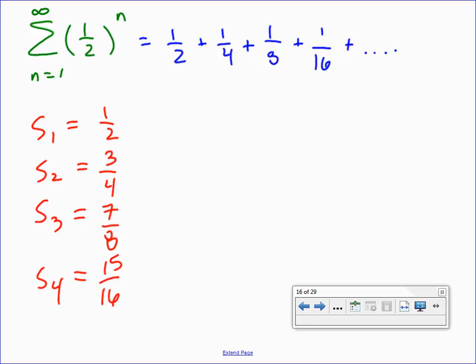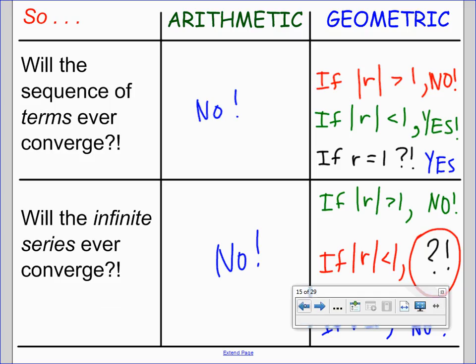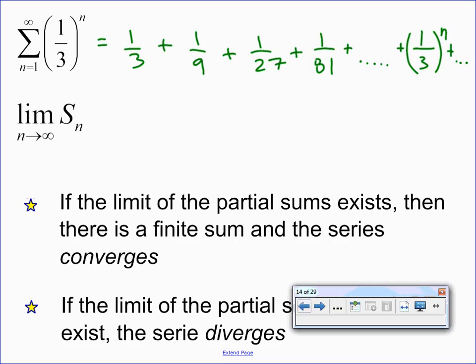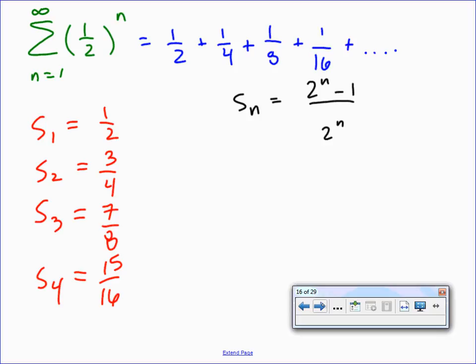Can we generalize that formula? Yeah. Our denominator was 2 to the n, and our numerator was 2 to the n minus 1. If the infinite series is equal to the limit as n goes to infinity of the partial sums, and I have a formula for my partial sums S sub n, could I try evaluating the limit of my partial sums as n goes to infinity?